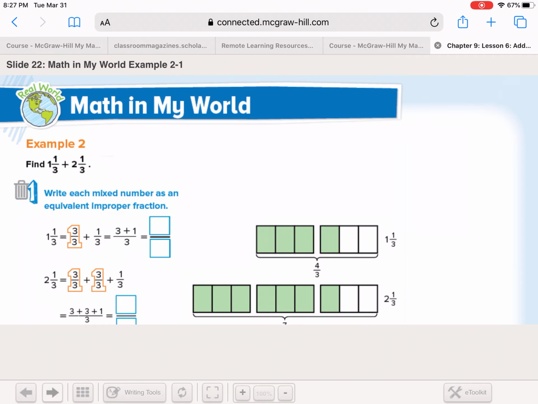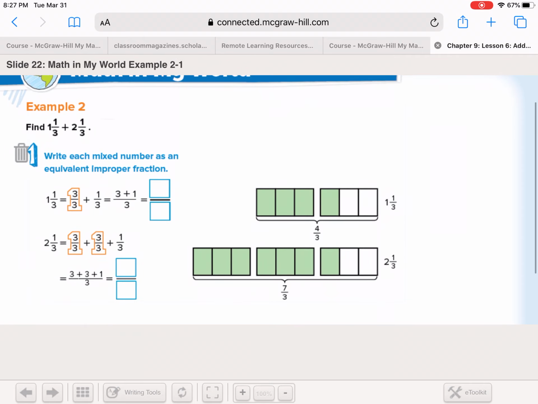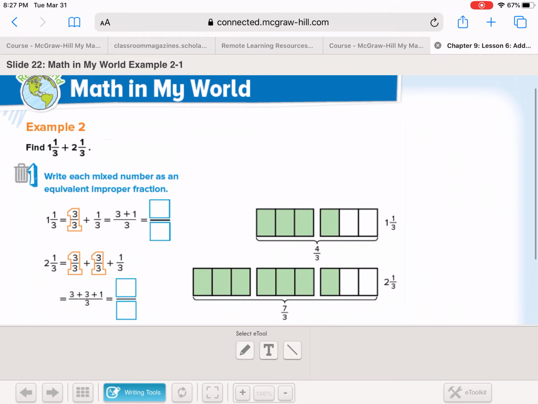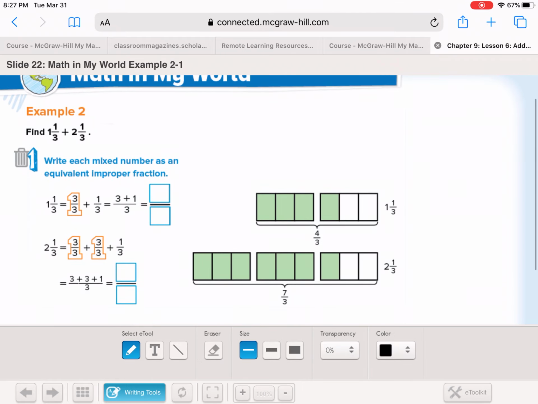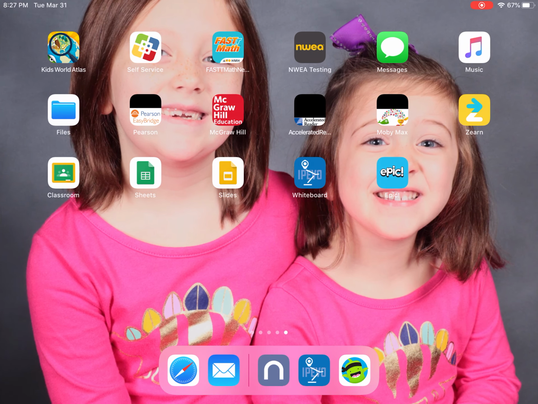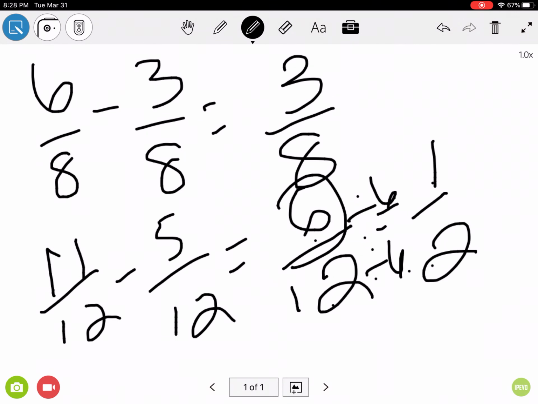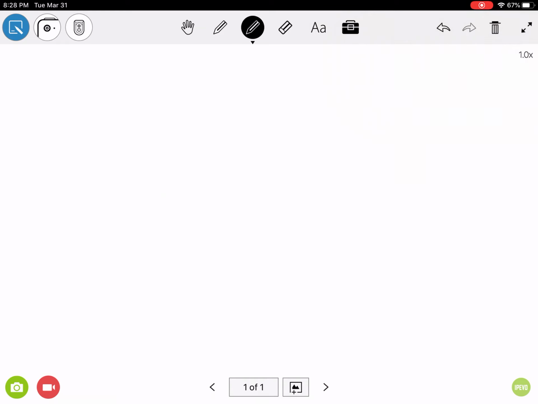All right, moving on. We're at Math in My World already. 1 and 1/3 plus 2 and 1/3. Add your whole numbers. Here's my book.